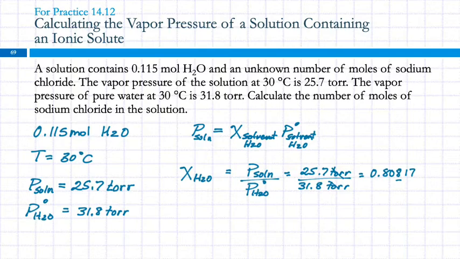So great, we calculated a mole fraction. It wants the number of moles of sodium chloride. Well, the mole fractions of the two things do have to add up to 1.